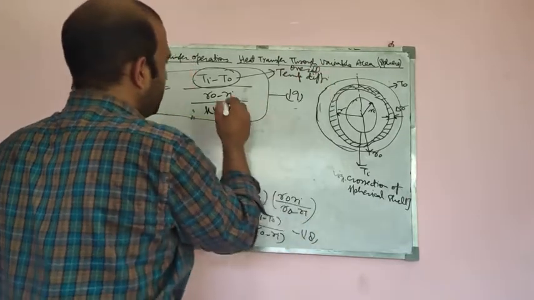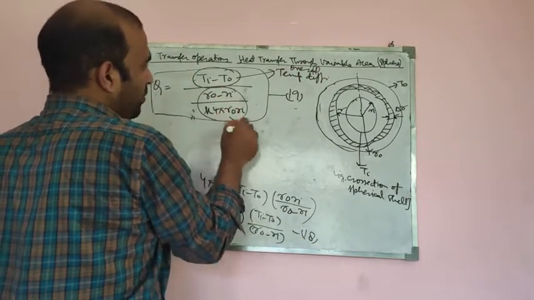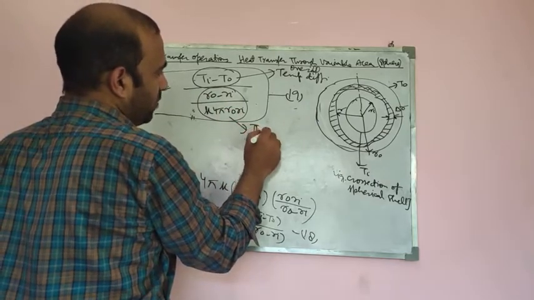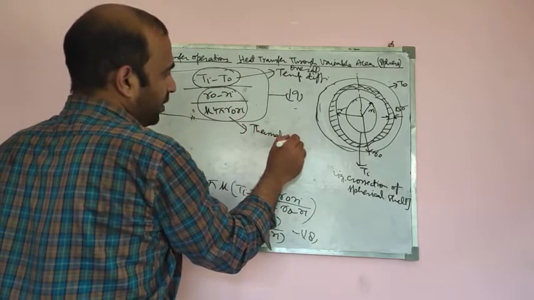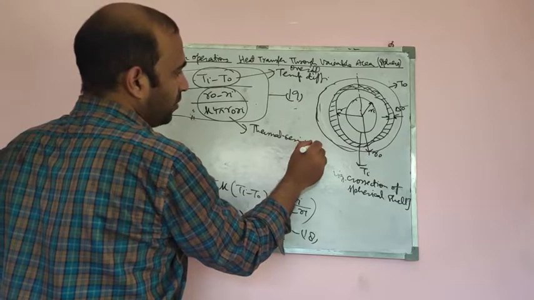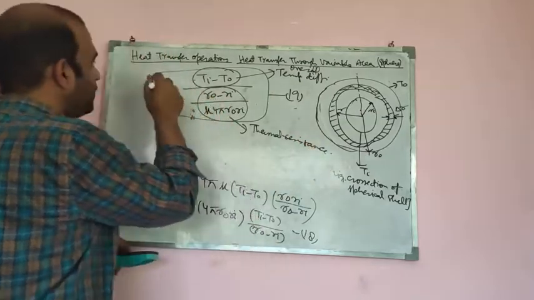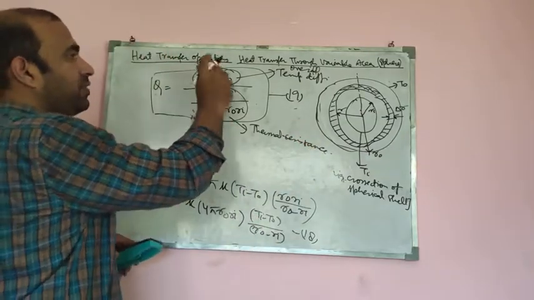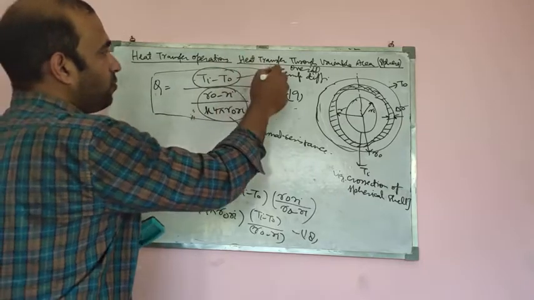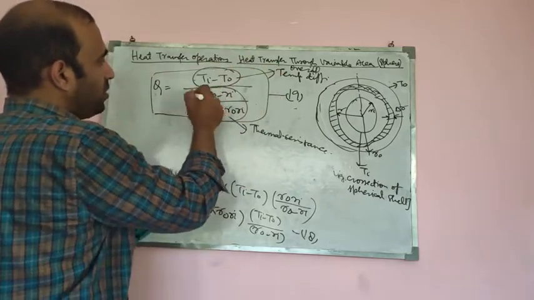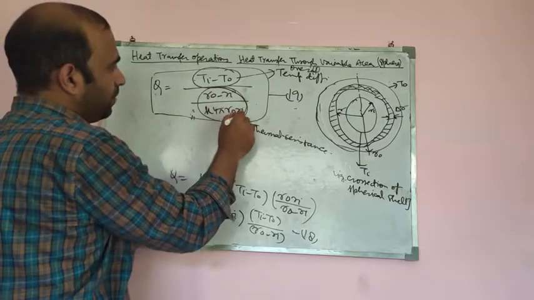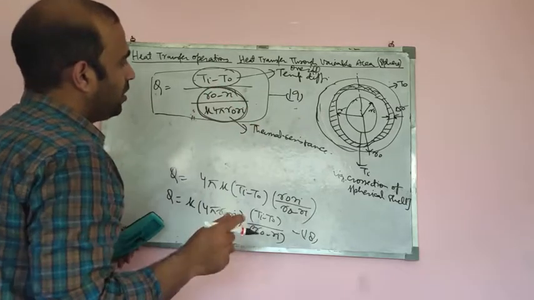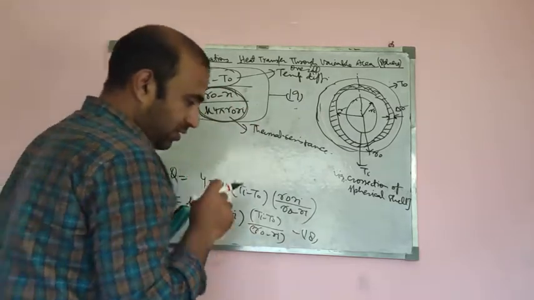And this term here is the thermal resistance for this sphere. Always the heat transfer is driven by the temperature difference. That is the driving force for the heat transfer, and the term in the denominator is called the thermal resistance.